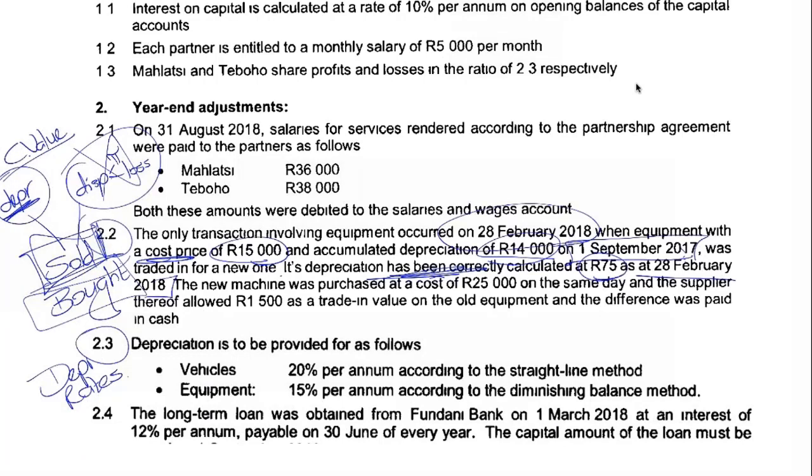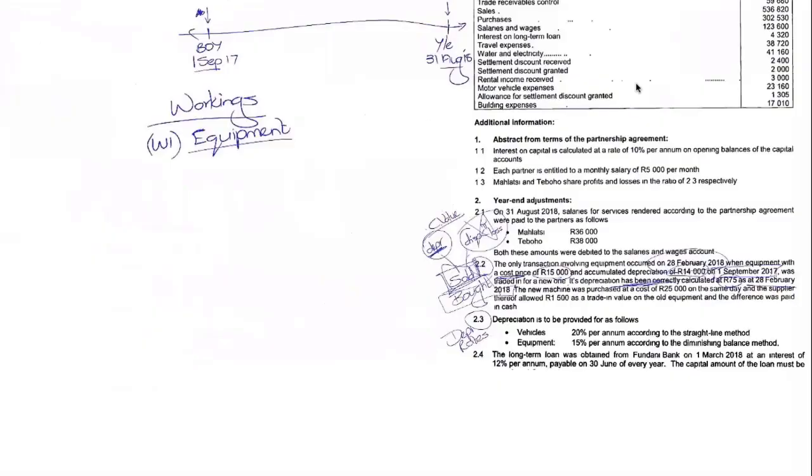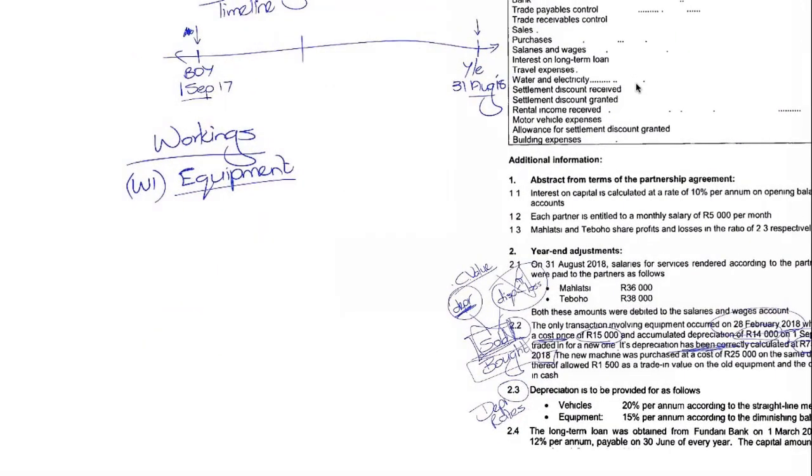So what they've done here is they've said to you, on the 28th of Feb, and as I say, always plot this out, on the 28th of Feb 18, they sold an asset. Okay, so I can visualize and understand that, and they've given you the accumulated depreciation here, right?